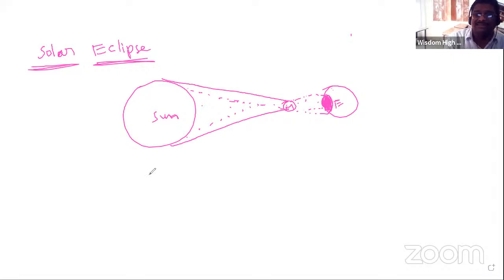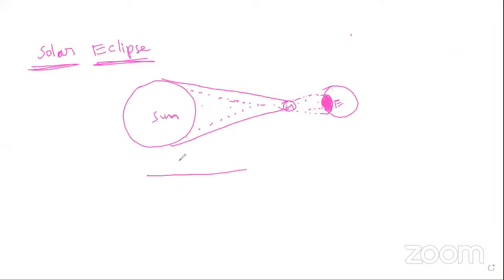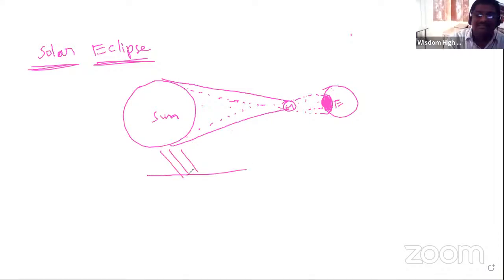Last topic. Regular reflection means, when light is incident on a smooth surface, children concentrate here, whenever light is incident on a smooth surface, these lights are parallel to each other.